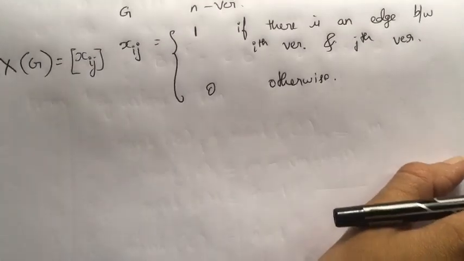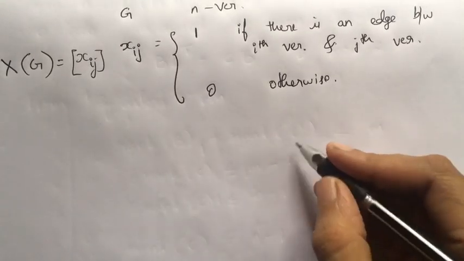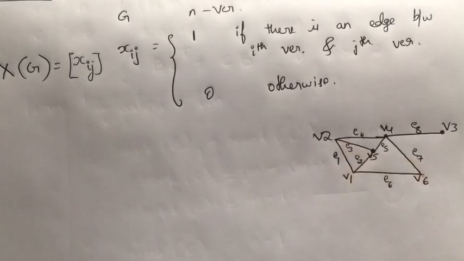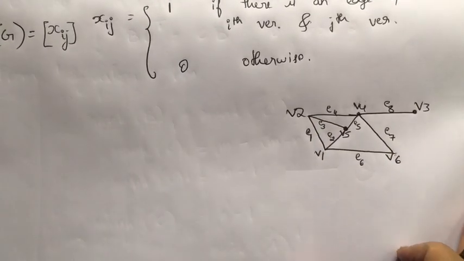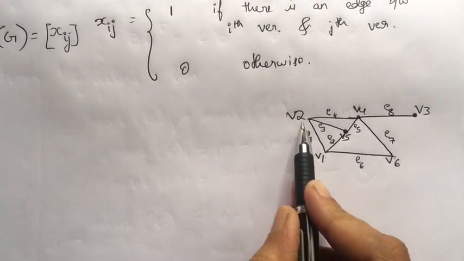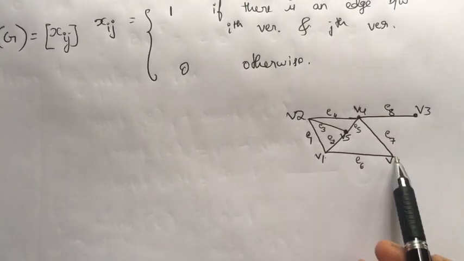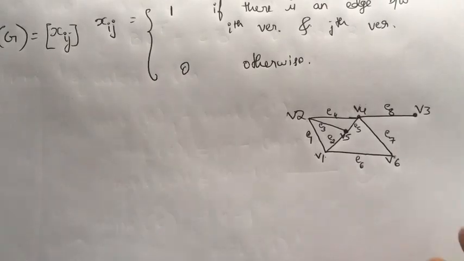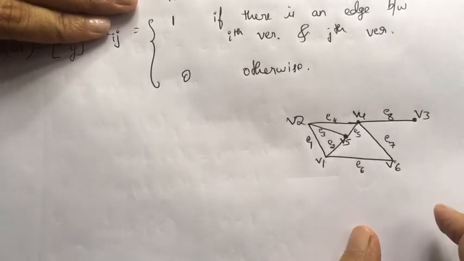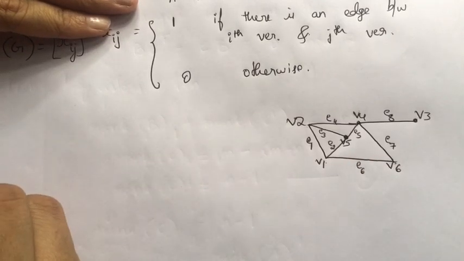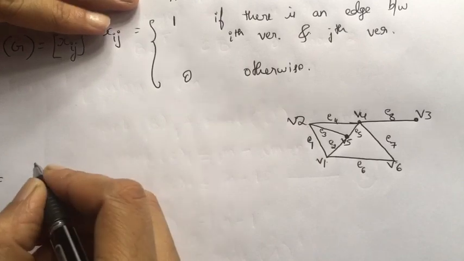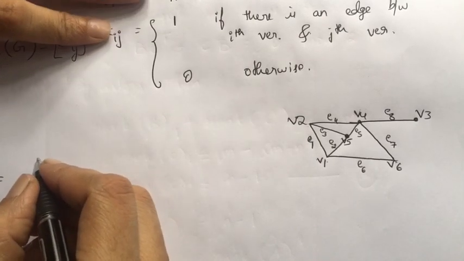Suppose this is my graph on 6 vertices, V1, V2, V3, V4, V5, V6 and E1, E2, E3, E8 are the edges. Adjacency matrix for this graph is denoted by X. It's n by n matrix.